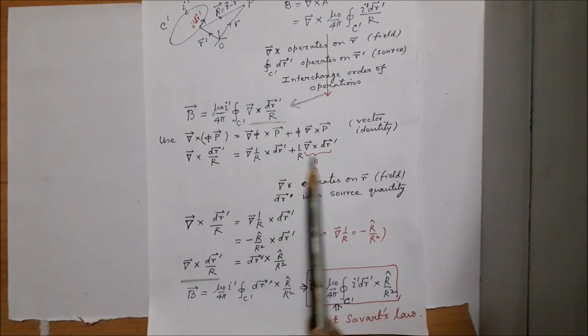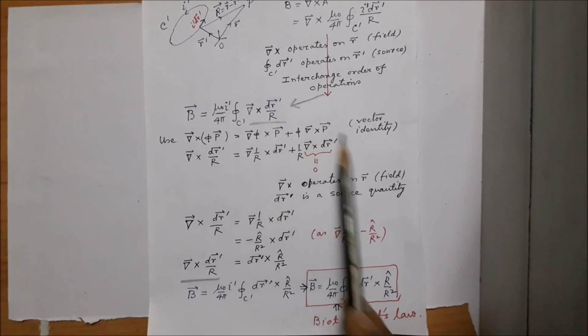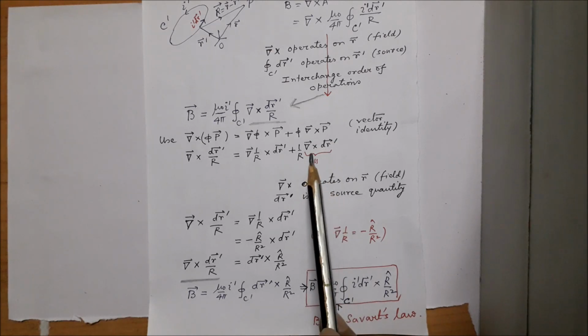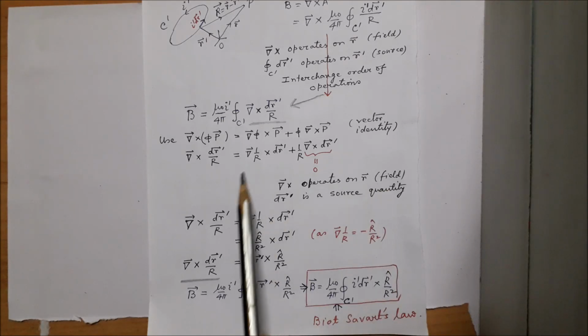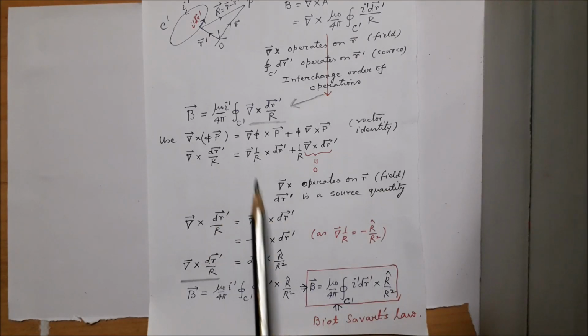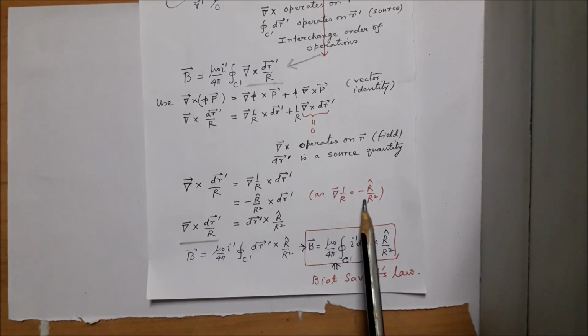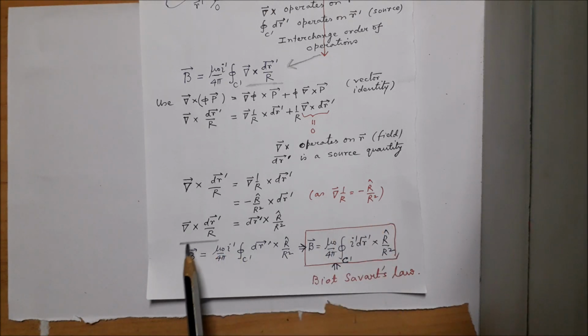On the right side we have two terms, one of which vanishes because dr prime is source function while curl is with respect to field, and therefore we are left with just one term on the right hand side. Now, use of grad of 1 by r as minus r cap by r square gives this one, and when we put it back here we end up with the expression of B to be this one, which is the well-known Biot-Savart's law.